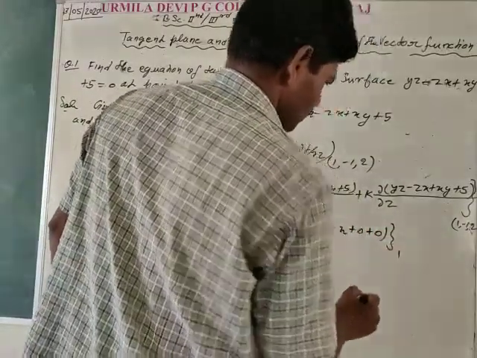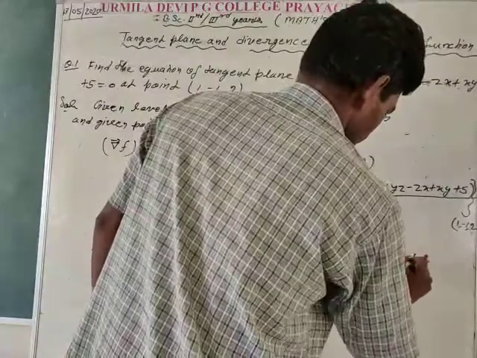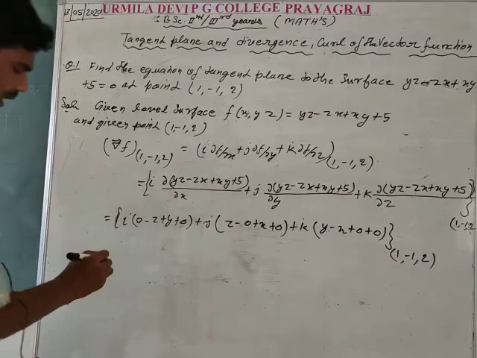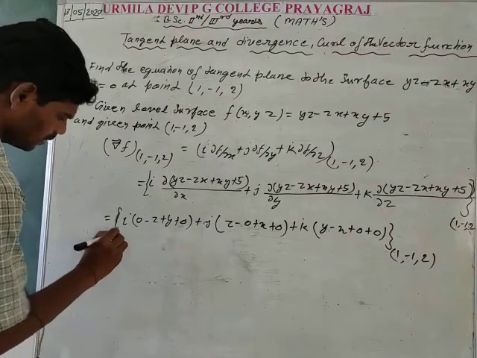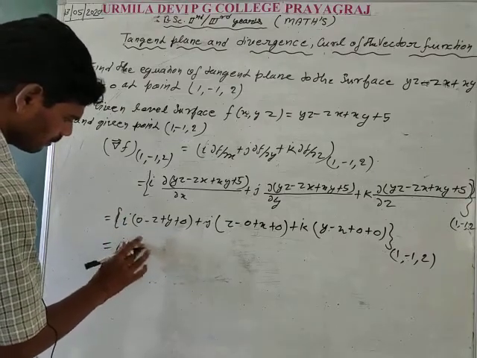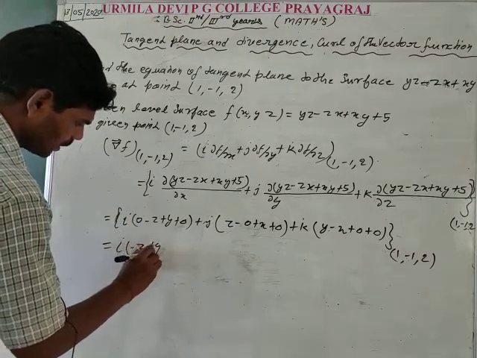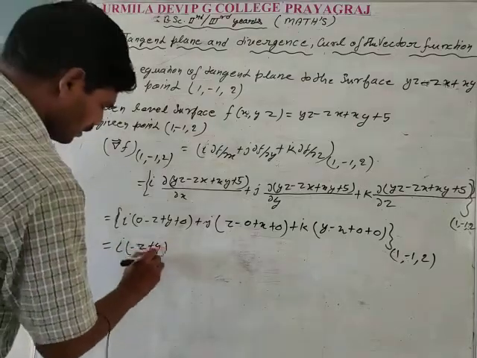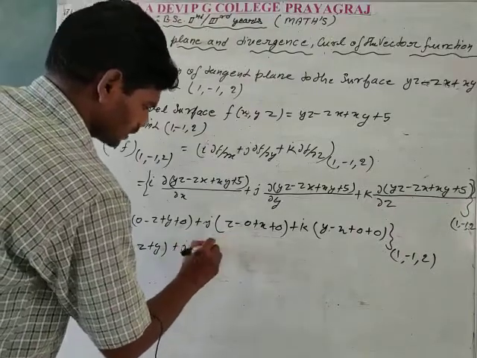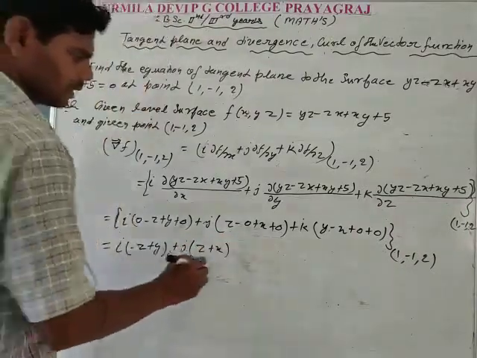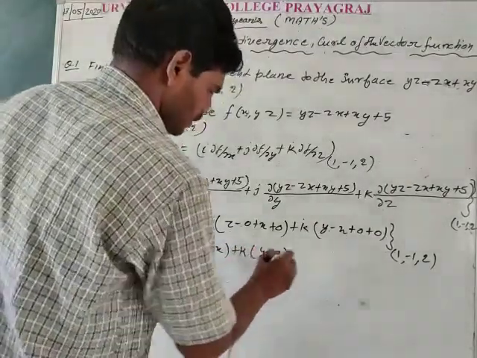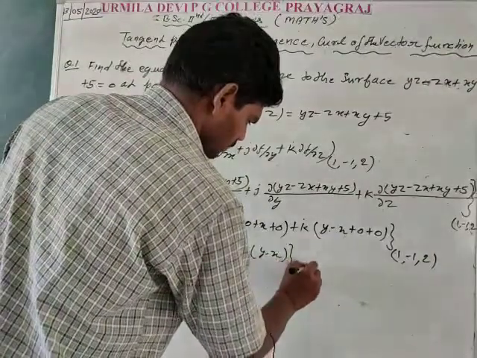Taking the point 1, minus 1, 2. After first simplification and then putting the values of x, y, z, we get minus z plus y times i, plus z plus x times j, plus k times y minus x, at the point 1, minus 1, 2.